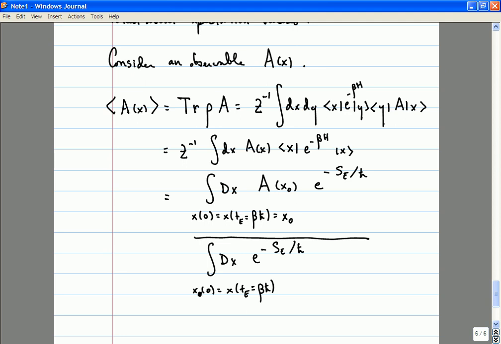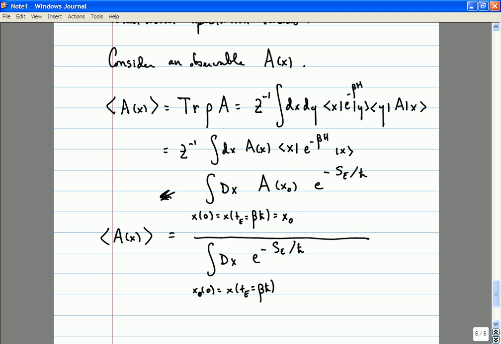And then there's this normalization factor in the denominator where you divide out by that same path integral without the insertion of the observable. And this is the expression for the expectation value of an operator in the path integral formulation at finite temperature.